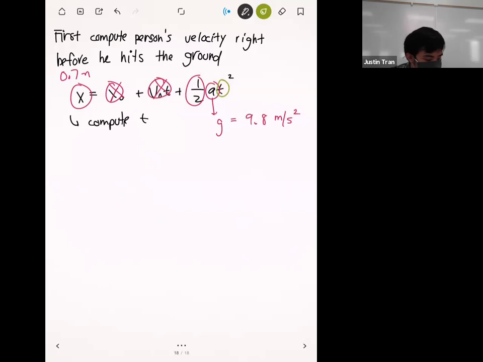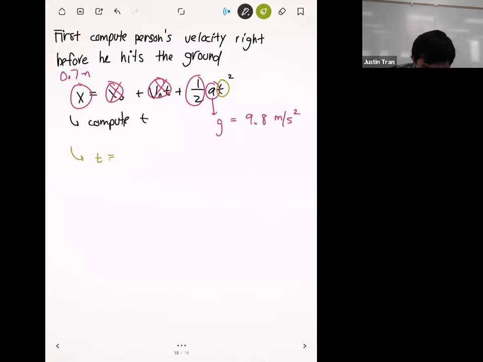I use the general form with a, and then I plug in g afterwards.